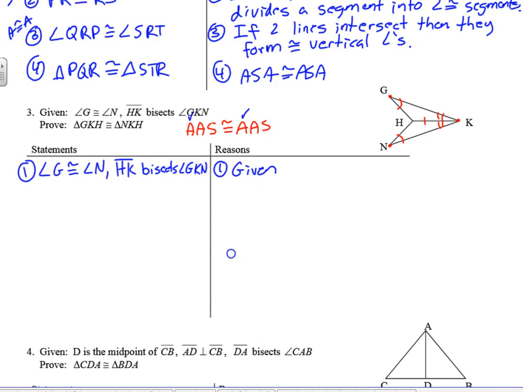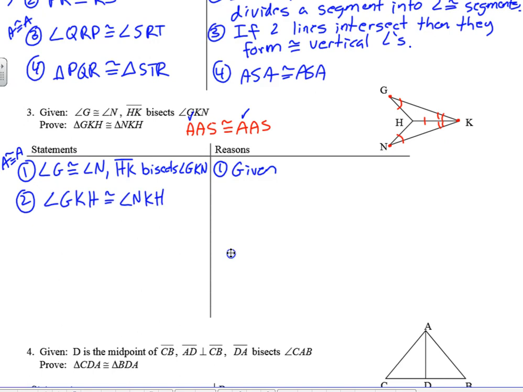What have we accomplished? We've accomplished an angle congruent to an angle. Okay, so let's get the second angle. Well, this bisector, the segment that's bisecting it, is going to create two angles. So the first angle would be GKH, congruent to angle NKH. Sometimes people number those angles.